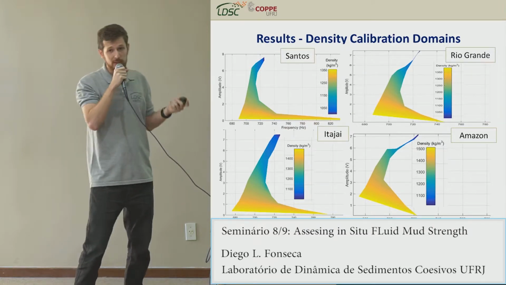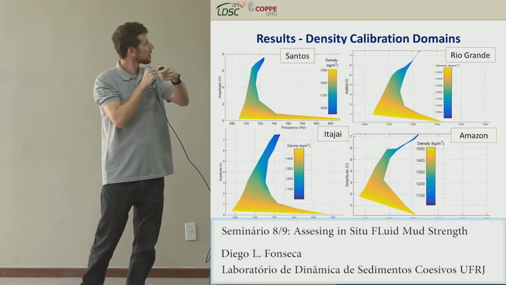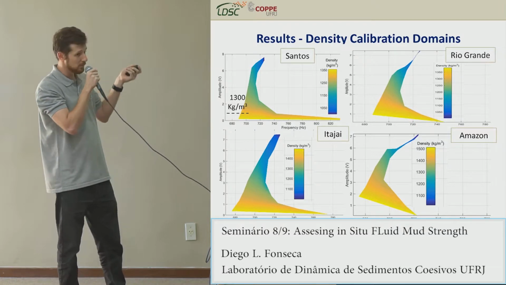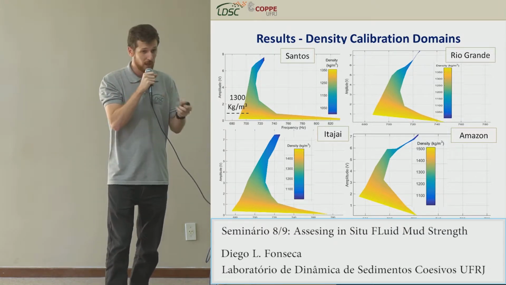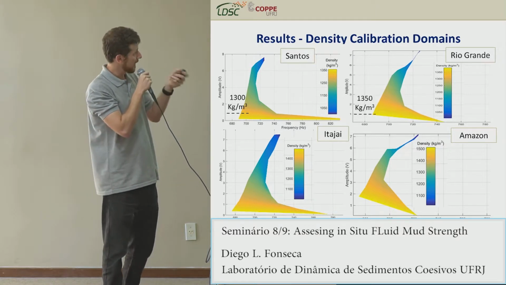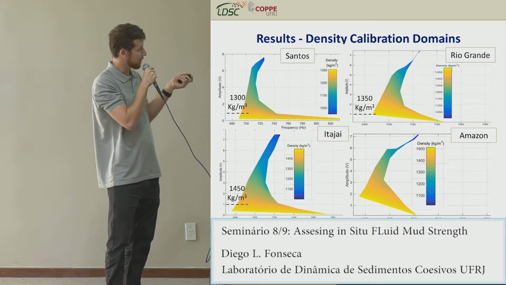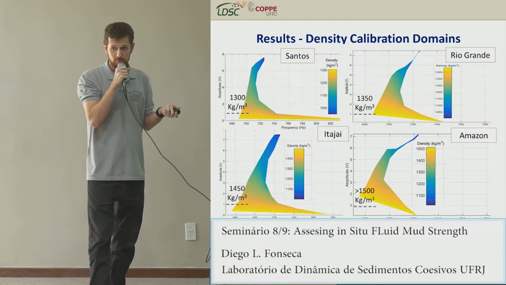For example, if we assume 1 volt as a parameter, we can estimate that for Santos, at 1 volt, it has 1300 kilograms per cubic meter of density, while for Rio Grande, a little bit more, even more for Itajaí, and much more for Amazon.